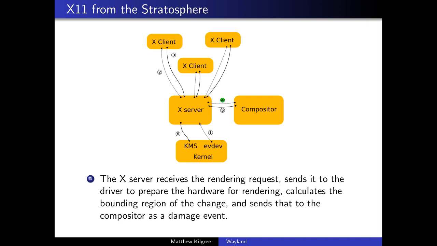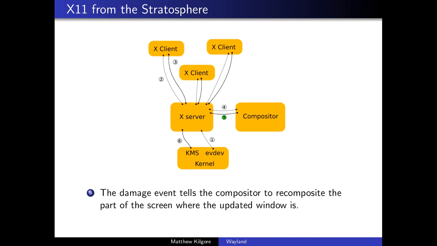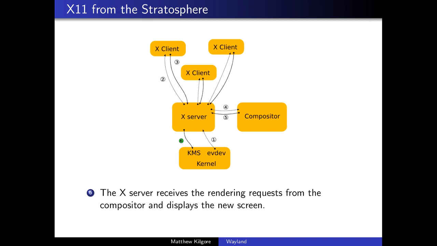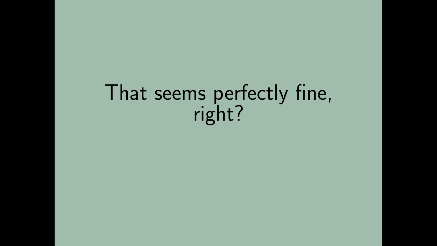It then sends that information to the compositor via a damage event. The compositor then figures out what it needs to redraw, redraws everything, and sends that back to the X server, which then displays the new screen. Now, that seems perfectly fine, right?